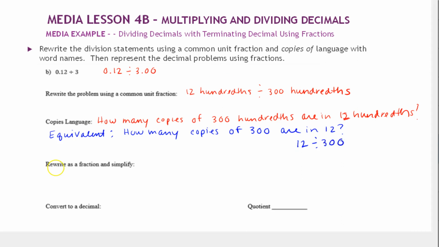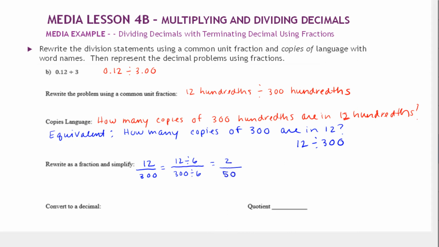So let's rewrite this as a fraction and simplify. Well, 12 divided by 300 as a fraction is 12 over 300. Now we want to simplify this. So I'm going to start with the same common factor we used last time, 6. 12 divided by 6 is 2. 300 divided by 6 is 50.